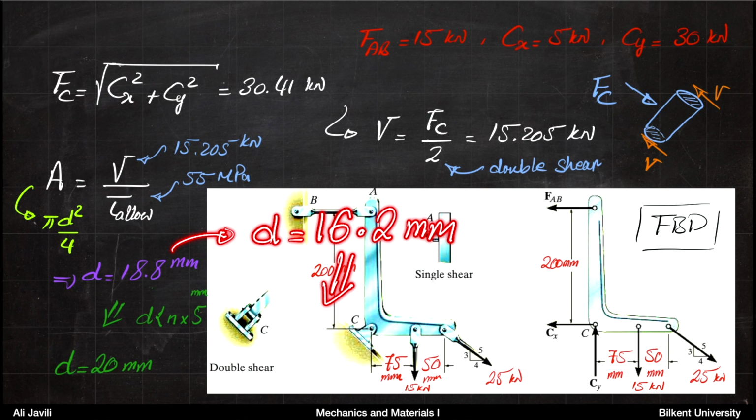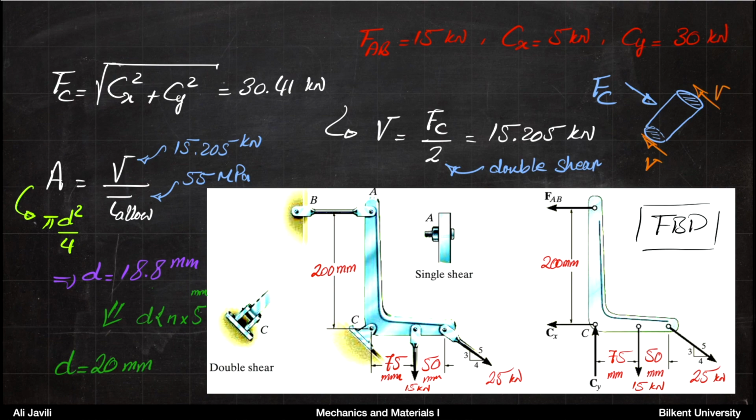So a 15 millimeter pin wouldn't work. In that case, the closest 5 millimeter would be a 20 millimeter pin. So you need to always round it up such that it would carry the allowable load, basically.